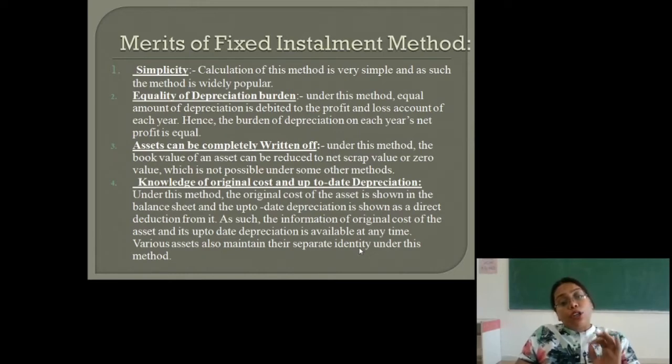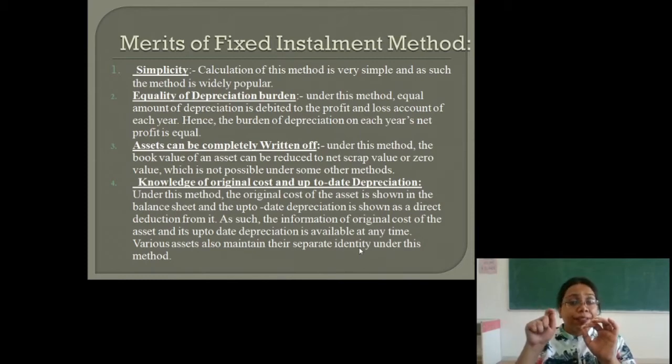So, knowledge of original cost and up-to-date depreciation. The original cost of a particular asset is shown in the balance sheet and the up-to-date depreciation is also shown as a direct deduction from it. When we prepare a balance sheet, the original cost of the particular asset is shown there and we deduct the amount of depreciation from that original cost.